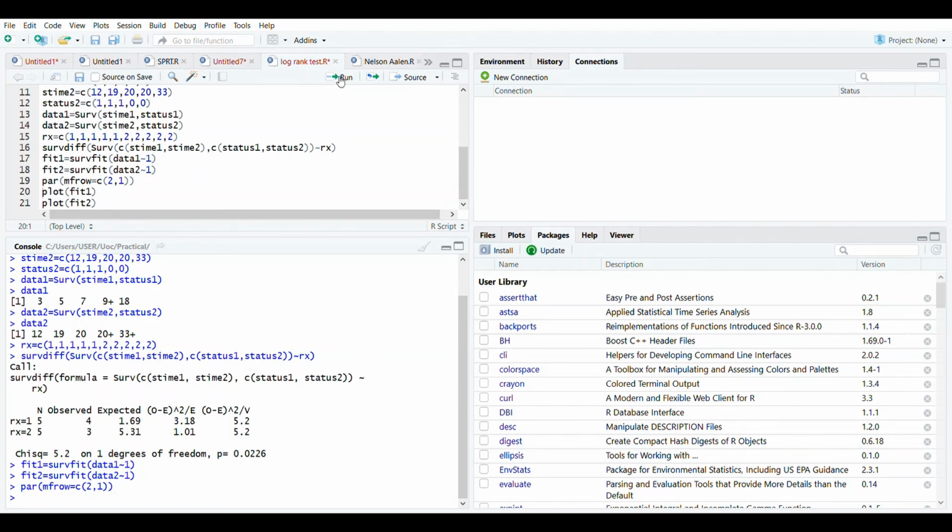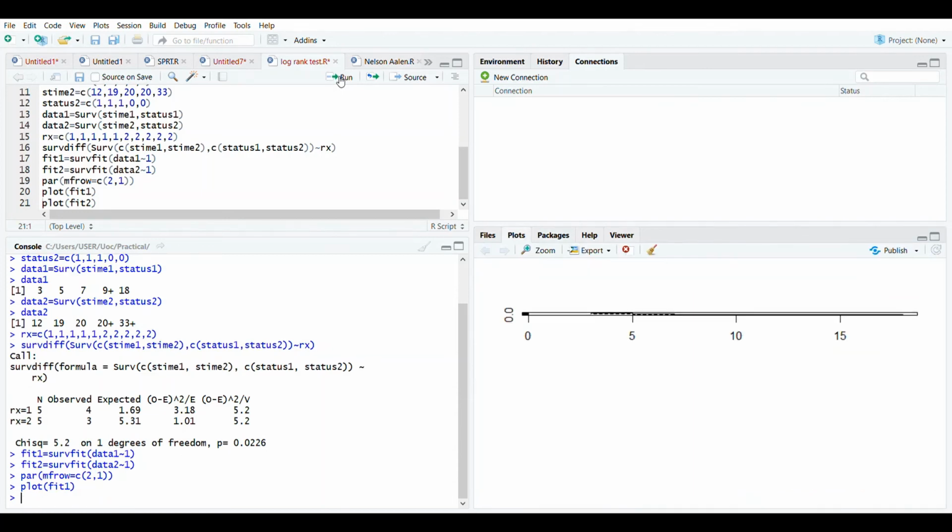Now we plot the graph of the survival function for treatment A. We get plot(fit1), so there it is.